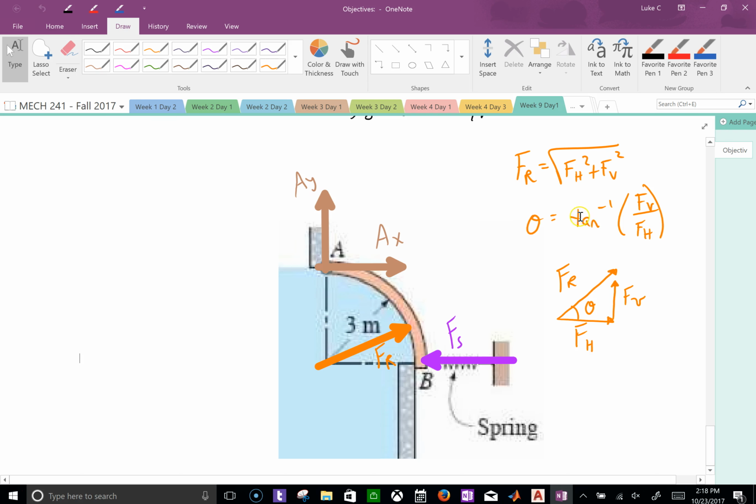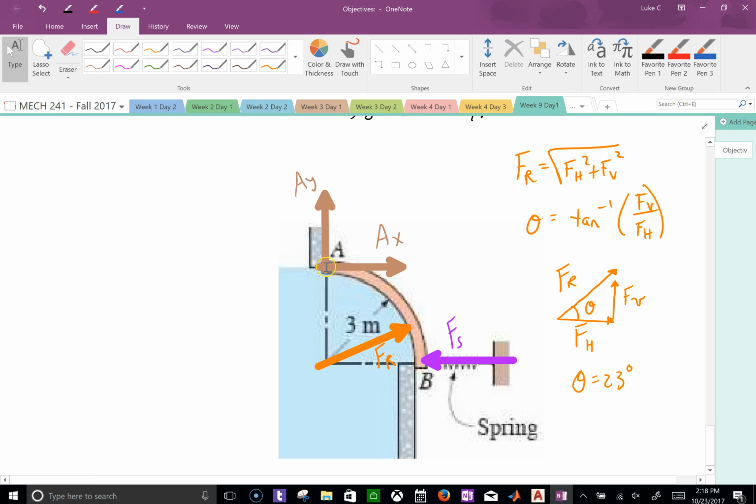FR is the square root of FH squared plus FV squared, and the angle off the horizontal is tan to the minus 1 of FV over FH. And the angle you get is roughly 23 degrees.